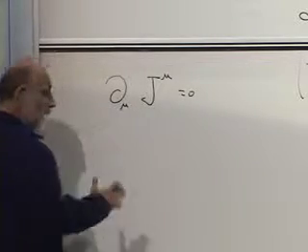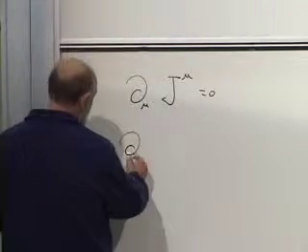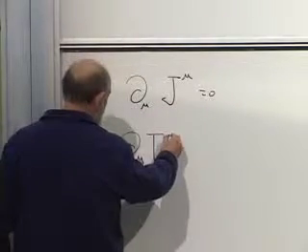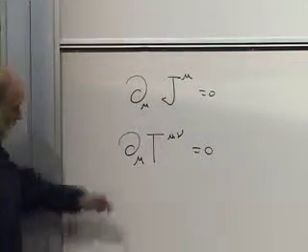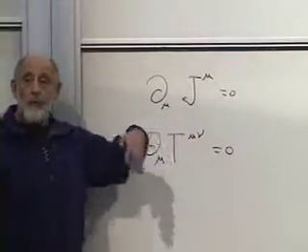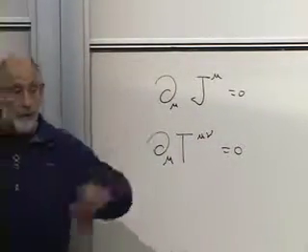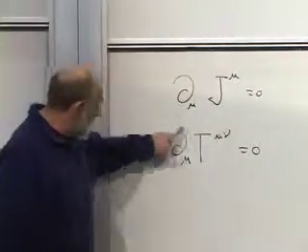Each component of the energy and the momentum are conserved, and that became the equation d mu of T mu nu is equal to 0. Nu here tells you whether you're talking about energy and momentum. Mu tells you whether you're talking about the density or the flow. And so for each nu, this is a continuity equation.